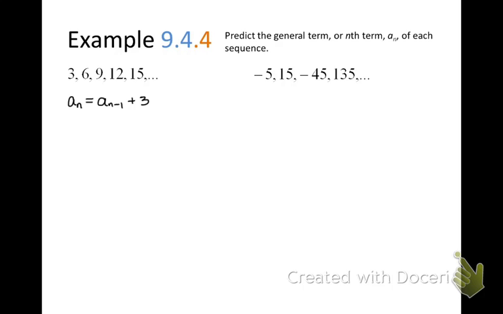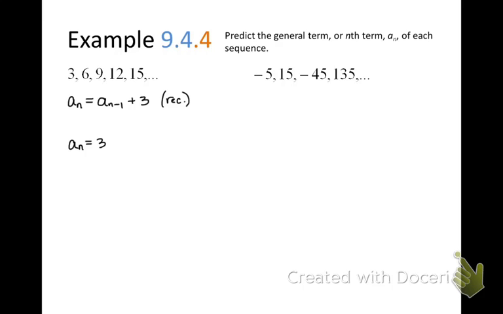So let's try and write an explicit formula now. So again, this is your recursive formula. And now I want to try and write an explicit. So how would I write a sub n explicitly? 3n, right.